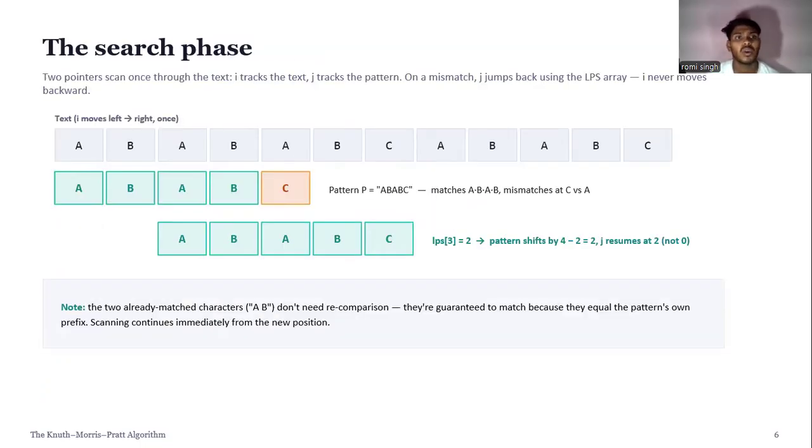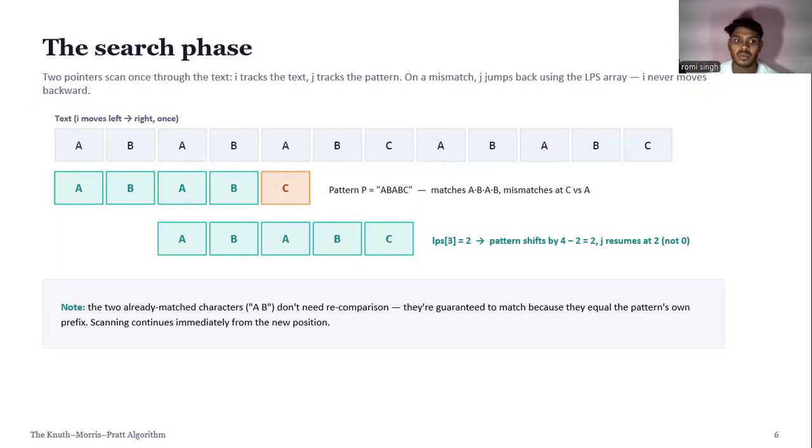The search phase. Two pointers scan once through the text. i tracks the text, j tracks the pattern. On a mismatch, j jumps back using the LPS array. i never moves backwards. If i is matching and j is mismatching, i will move forward and it will never go backwards.